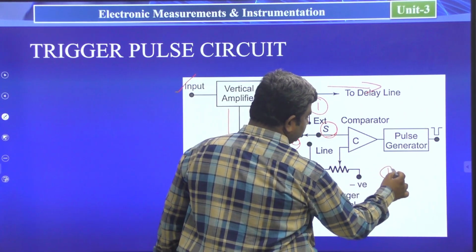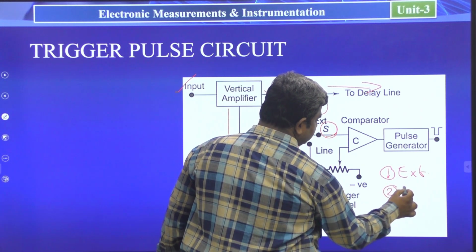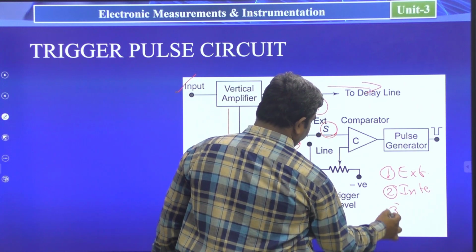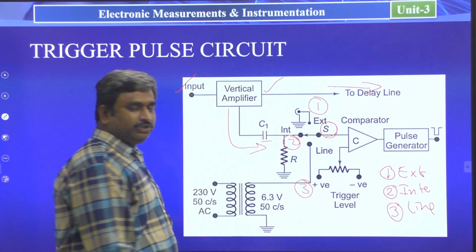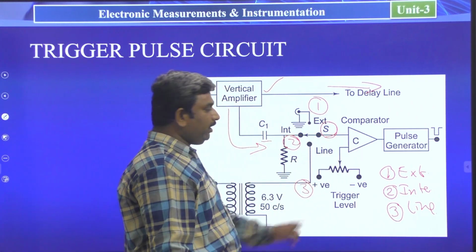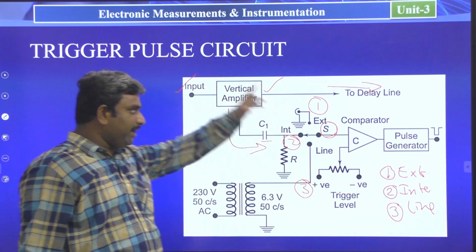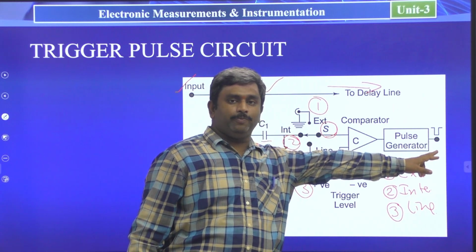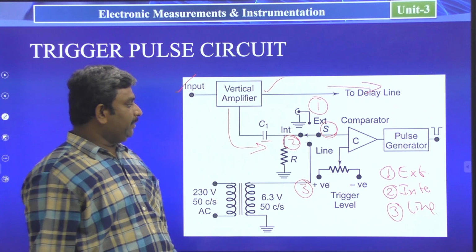First position is external, second position is internal, and third position is line. This switch is connected to a comparator, and this comparator is connected to the pulse generator. The pulse generator output is nothing but the triggering pulses.